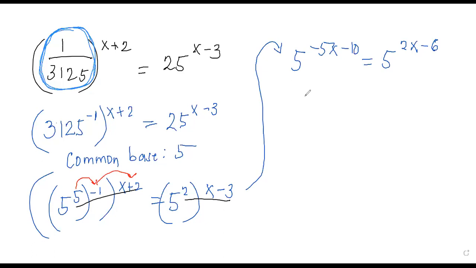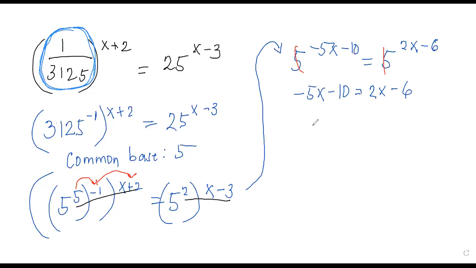So, yan siya. Ngayon, pareho na ba yung base? Yes. So, magka-cancel na tayo. After canceling, i-bring down natin sa exponent. So, we have negative 5x minus 10 equals 2x minus 6. Ilipat natin yung mga like terms, ibig sabihin kung pareho sila may variable or wala, kung constant.